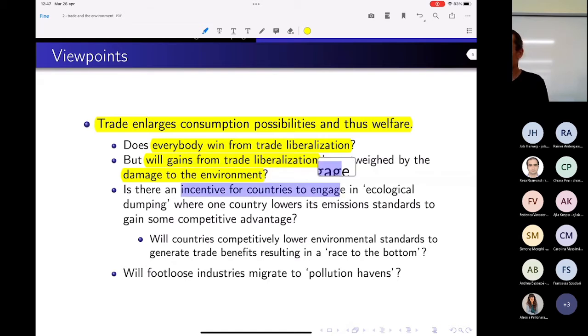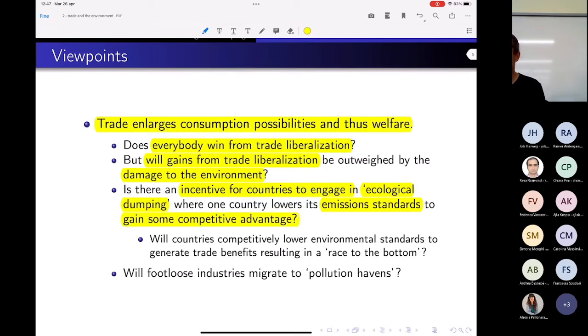And the consequent question is also, is there an incentive for countries to engage in ecological dumping? Ecological dumping, remember, is lowering emission standards in order to gain a competitive advantage.